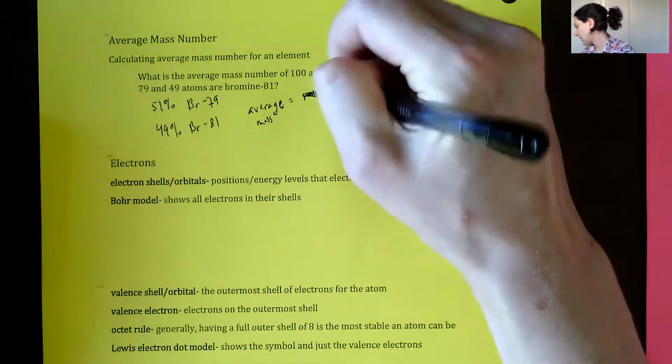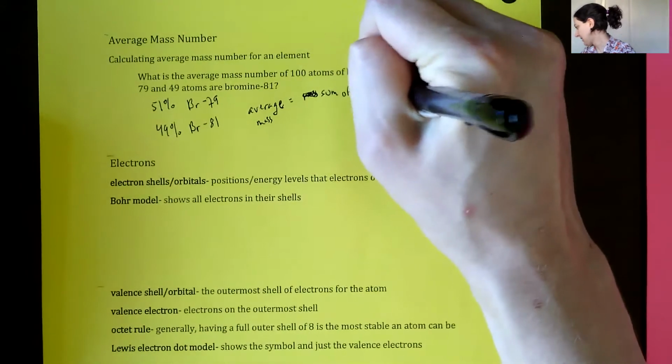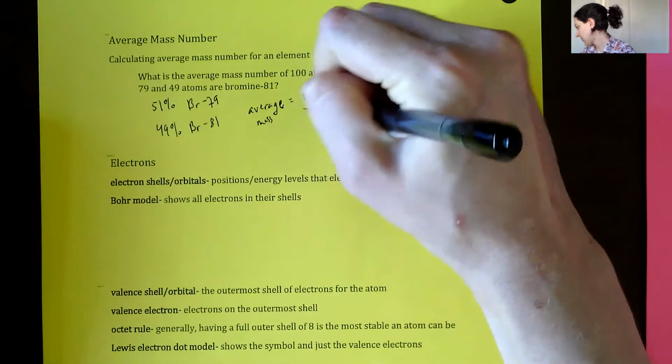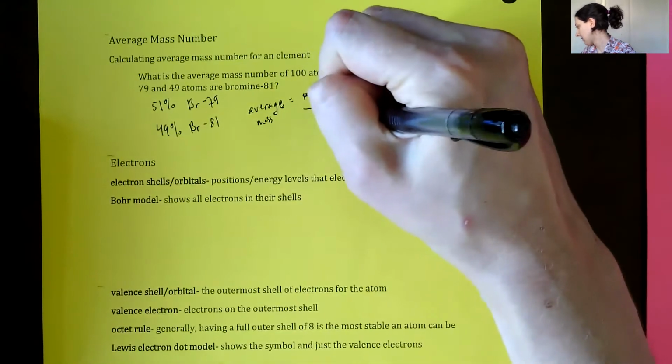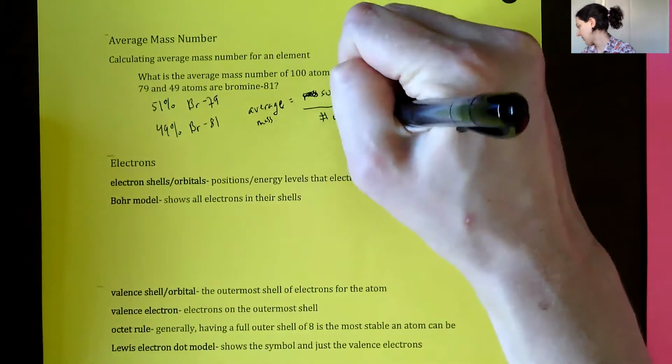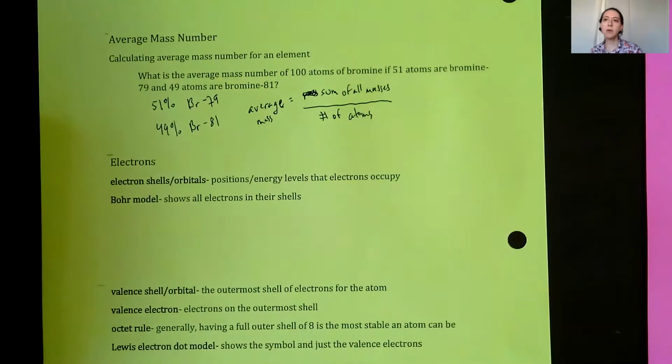We know that average is the sum of all masses divided by the number of atoms, right? So it's always you add up all the numbers, you divide them by the number. Pretty simple calculations, a basic average situation. So I need to sum up all of the masses.